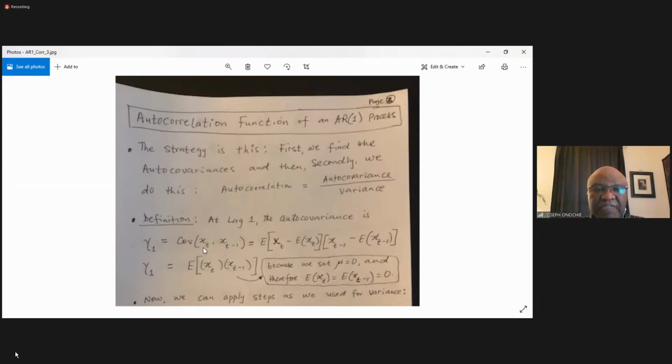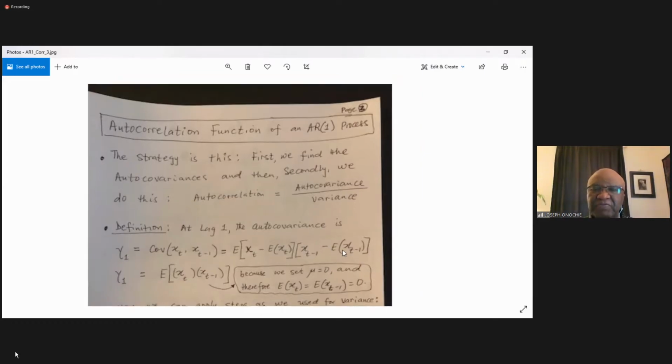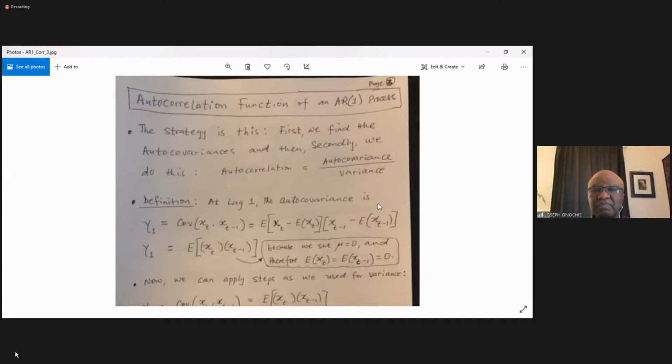So the covariance between x sub t and x sub t minus 1 is really the expectation, the average, of x sub t minus its mean, times x sub t minus 1 minus the mean of x sub t minus 1. You agree, right?